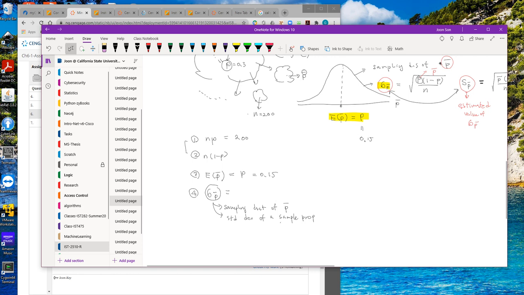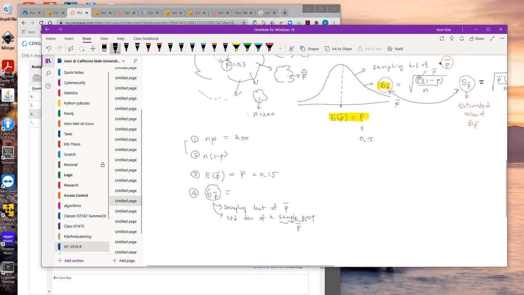Sometimes they ask you to find s p prime, which is the estimated standard deviation of the sample proportions. The equation involves n, and then p and 1 minus p.